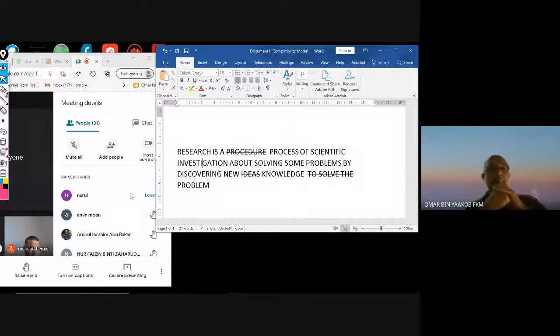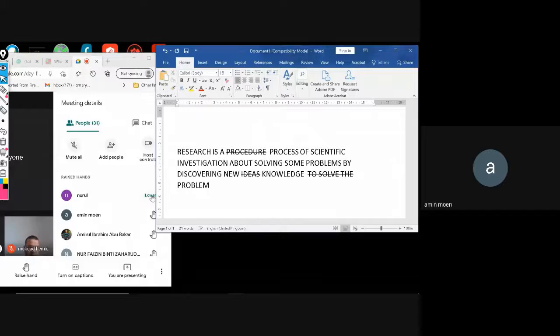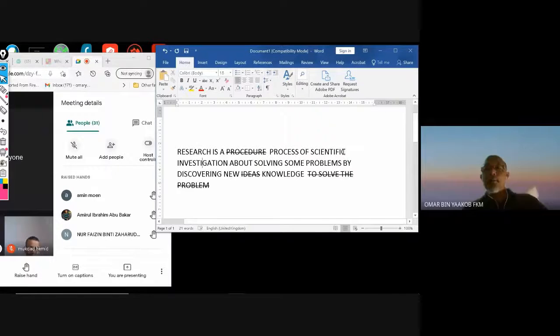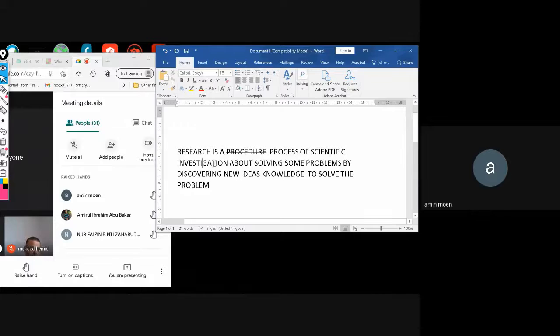Amin. Hi everyone. Yes, Prof. I think this statement is quite good and it can be improvised. For instance, at the process of scientific investigation, we should add scientific methods also.